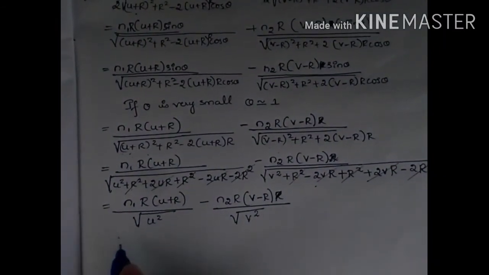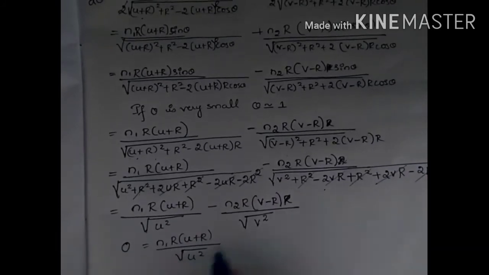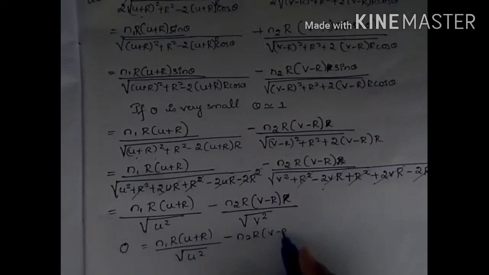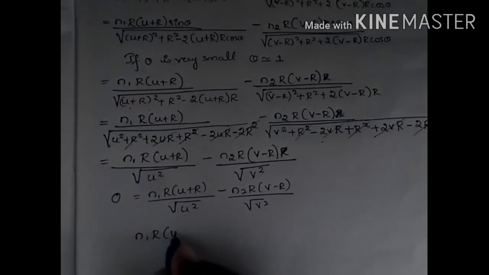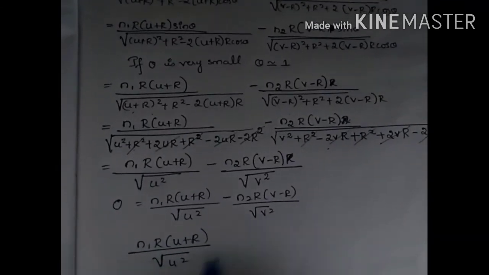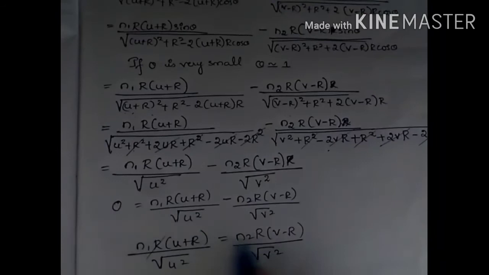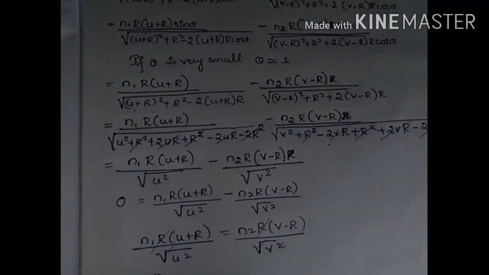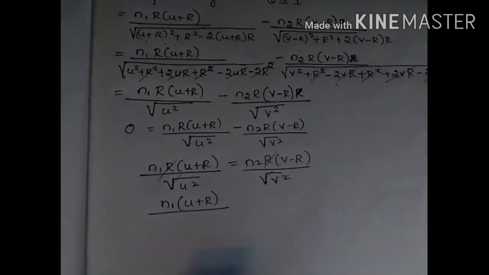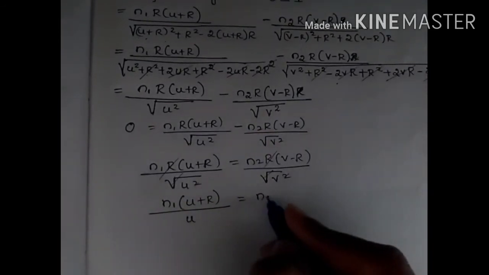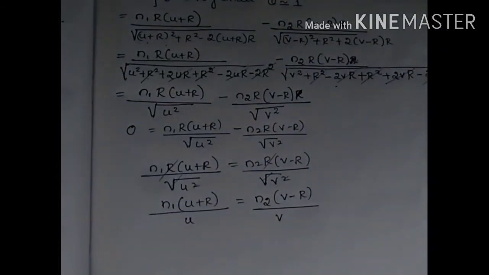So if you take 0 equals n1 r (u plus r) by root of u square minus n2 r (v minus r) by root of v square. The r gets cancelled, so what remains is n1 and n2. So this is the equation that you are left with.